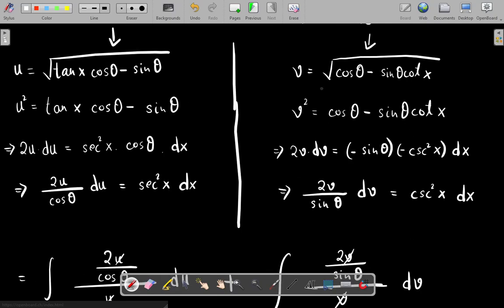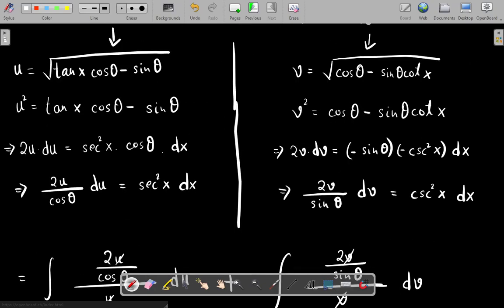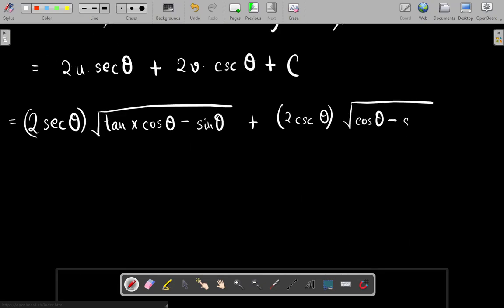V was square root of cos theta minus sin theta cot x, and then we have a plus c.